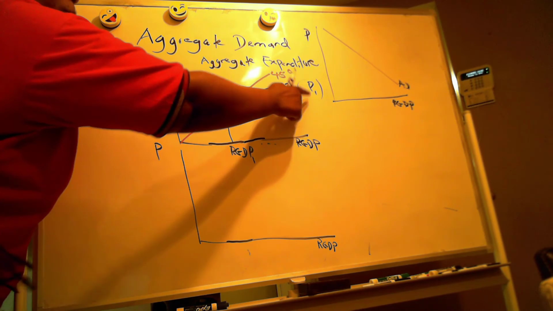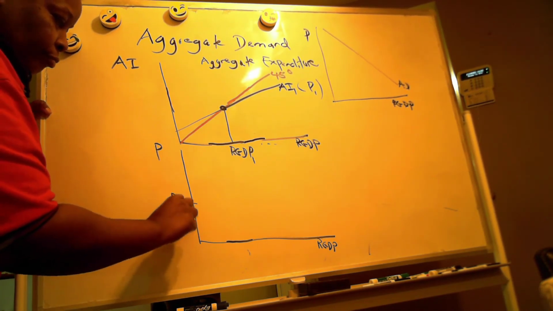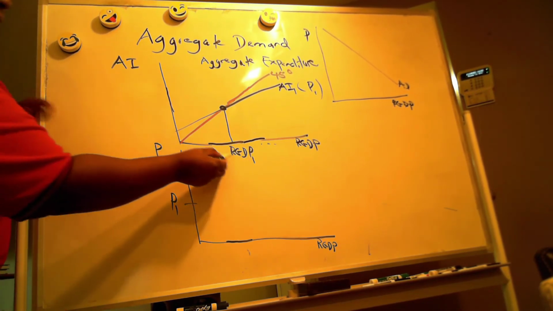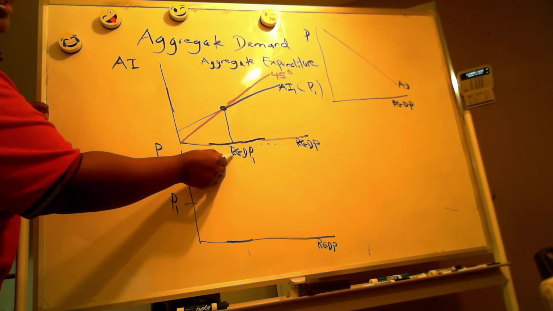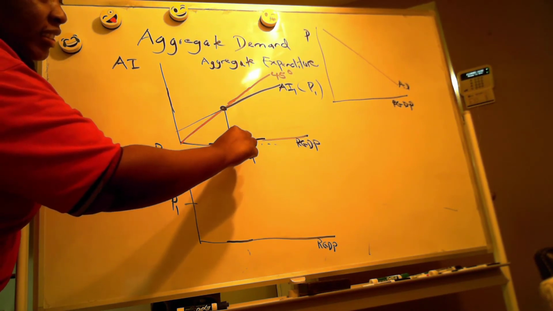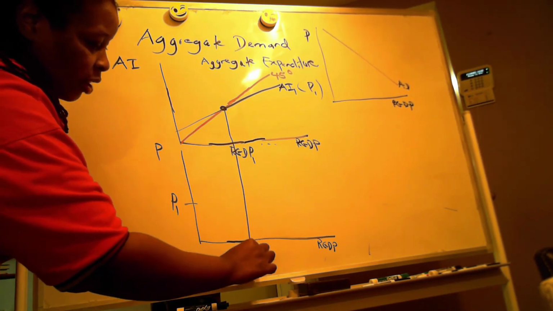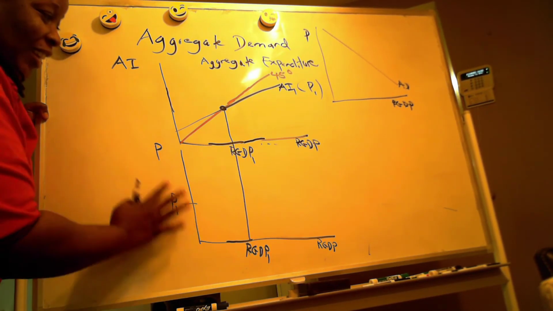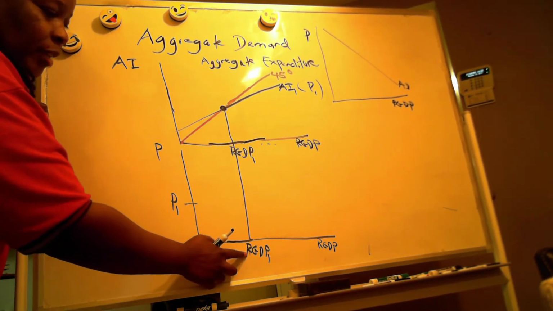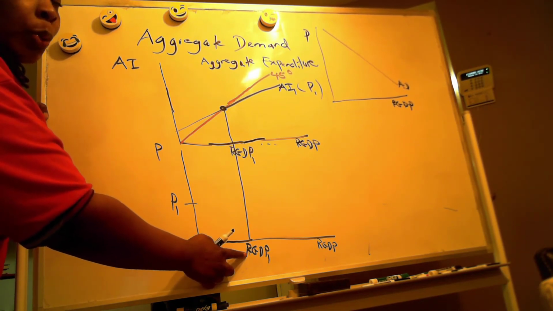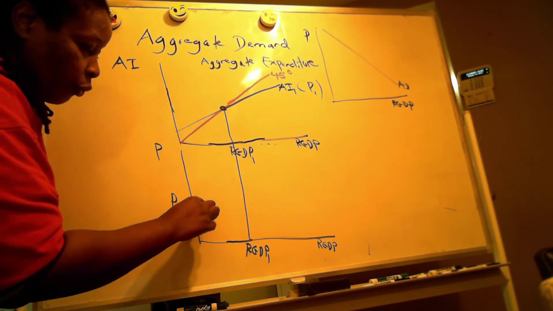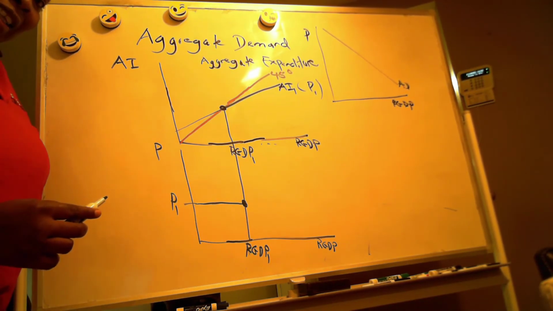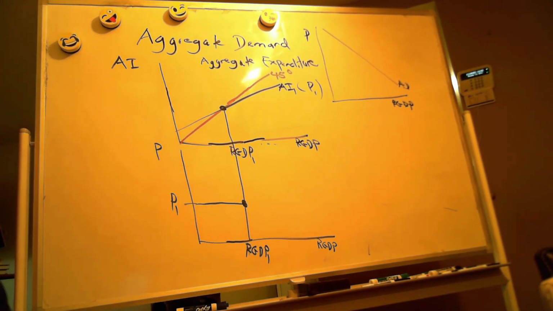So, whatever this price P1 is, let's put it here. I hope you see where I'm going. If this is the RGDP1, remember what I told you earlier, it necessarily means that this is also RGDP1. So, in this space, this RGDP1 coincides with which price level? P1, right here. That's a combination point, a price and an RGDP that matches.